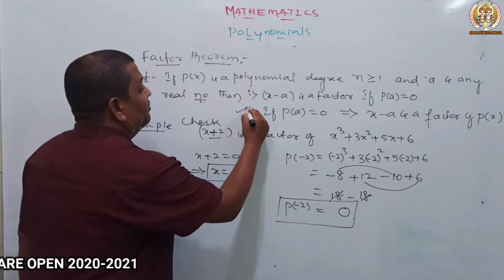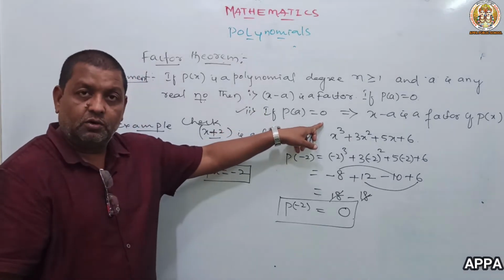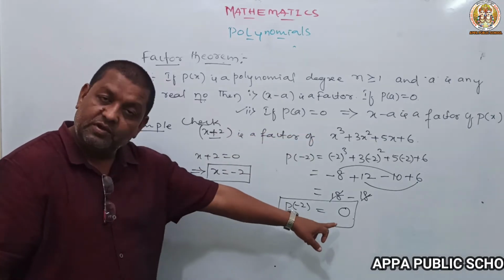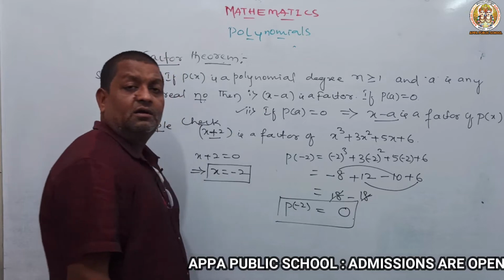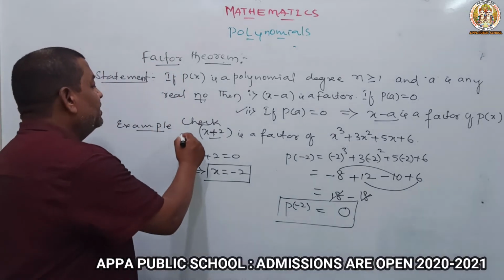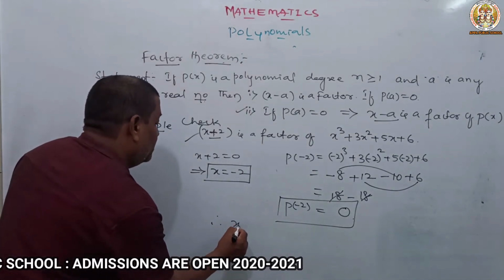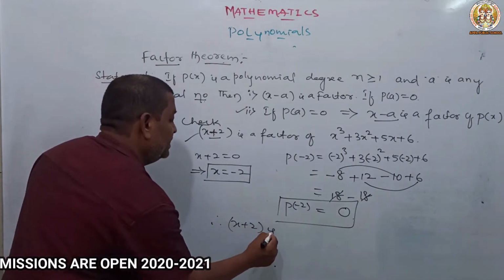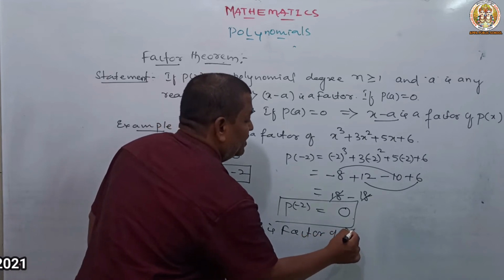See the second condition: if p of a is equal to 0, then definitely x minus a is a factor. Then the given x plus 2 becomes a factor. So therefore, x plus 2 is a factor of p of x.